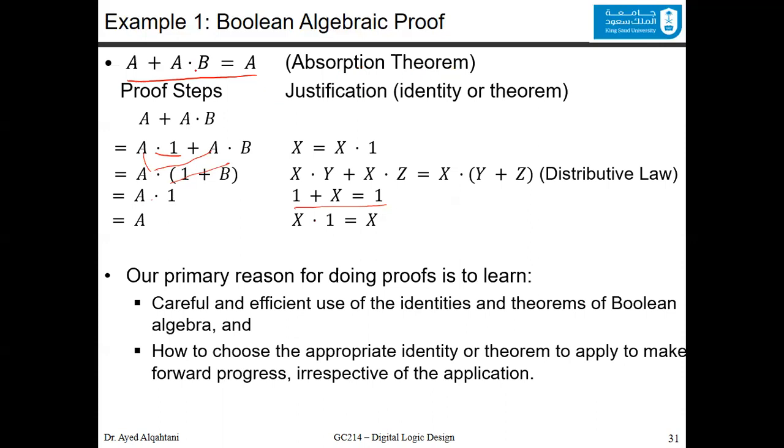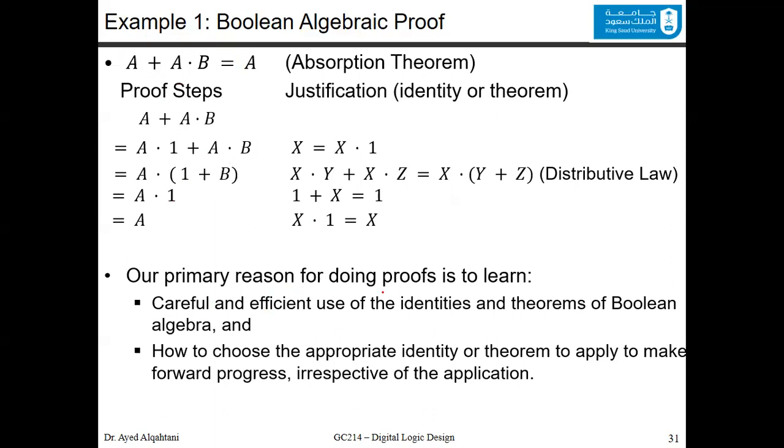The absorption theorem, if you want to remember it quickly, if you look at this and you see two terms, something ORed with the same thing ANDed with another letter, then you can take out this completely. So what happens is we absorb this into the A. We absorb it, we take it out, and it becomes only A.